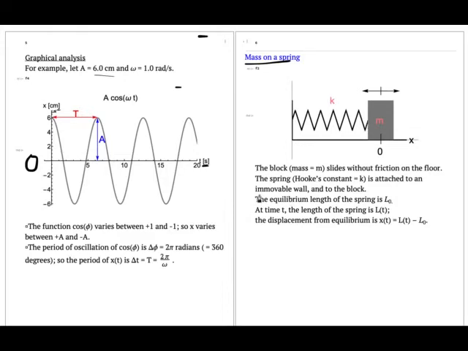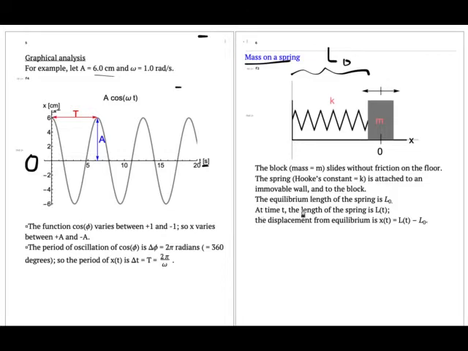Now we'll say the equilibrium length of the spring is L0. So if the spring has this length L0, that's the equilibrium. At that length, the spring does not exert any force on the block. So the equilibrium length is when the force on the block is 0.